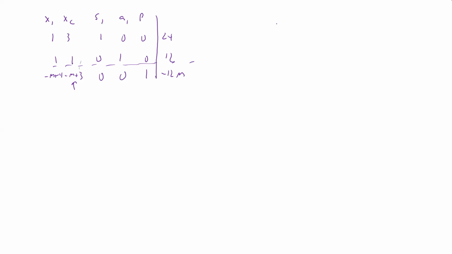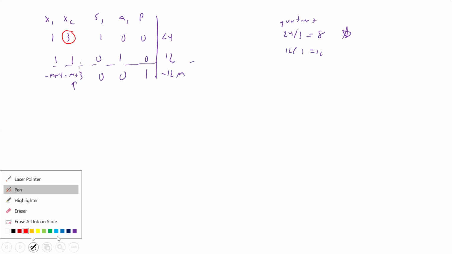So now for a quotient, we have to take 24 divided by 3, which is 8. And here we have 12 divided by 1, which is 12. So that one's the smallest. And so if we circle our pivot point, that's going to be this one.